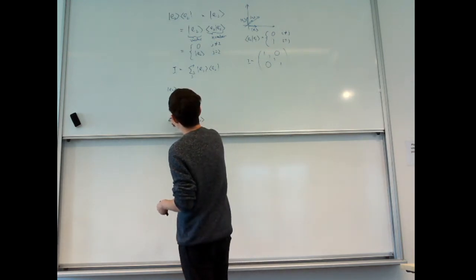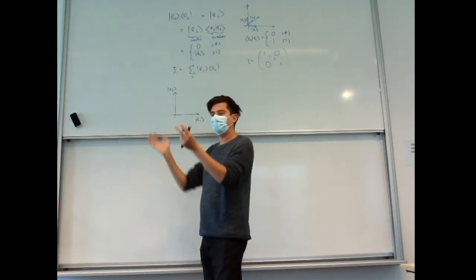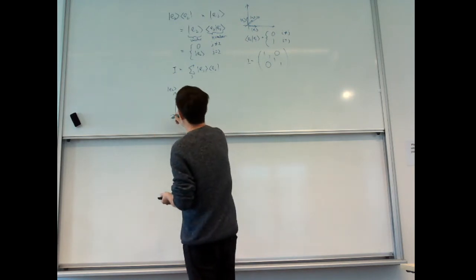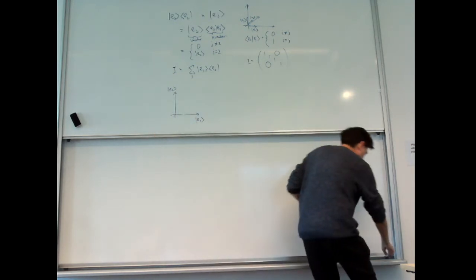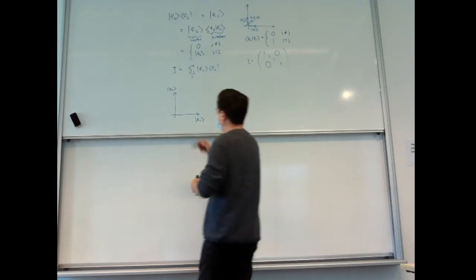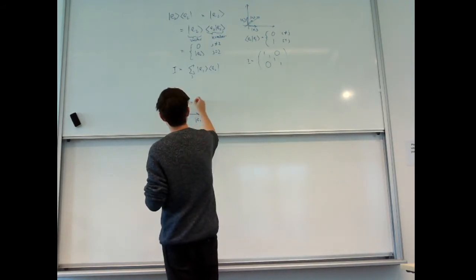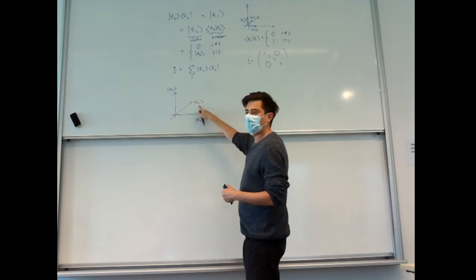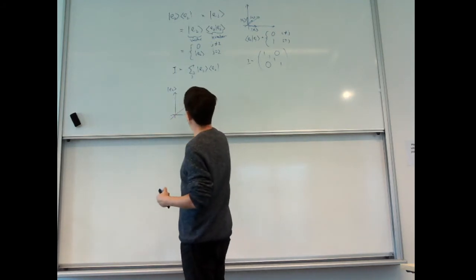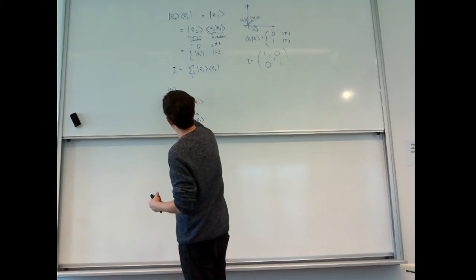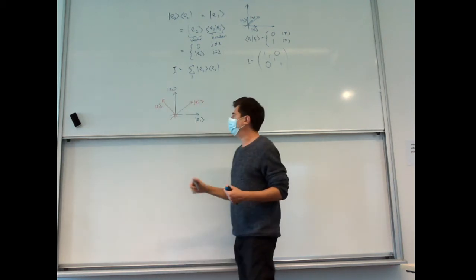suppose I take a rotated coordinate system. So maybe I use a different color. Let's say I've got another E1, I'll put an E1 dash on it, that's pointing 45 degrees this way, and another E2 dash which is pointing 45 degrees that way.